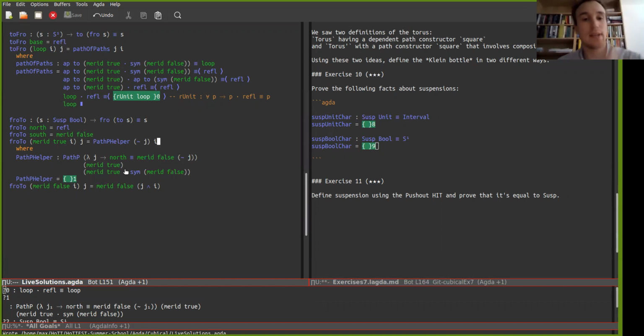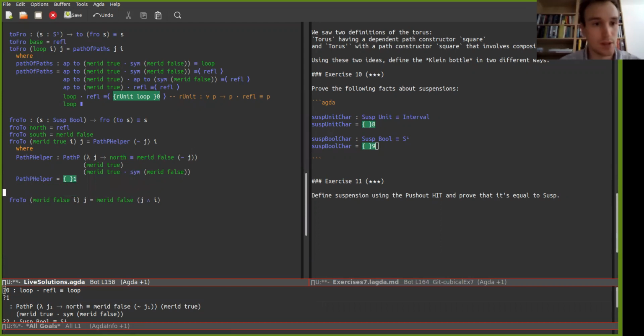And if you write this out as a square, then what you get is north here. This will be just the north, because the left side will be refl.